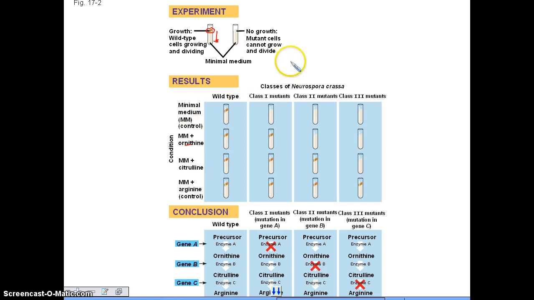But what they did was they zapped some of these with ultraviolet radiation, thereby damaging their DNA. So they tried to actually damage specific genes within these other mutant classes. And what they were able to find was that certain mutant classes would not grow unless provided a specific amino acid.